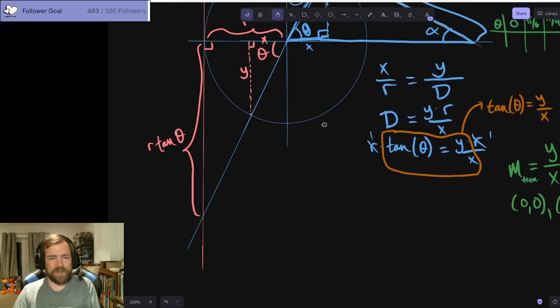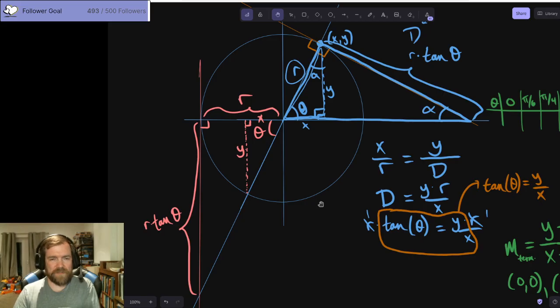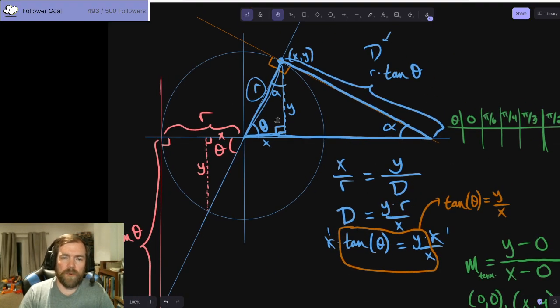It's kind of hard to specifically describe if we're using just that, but it has to do with which side you're on and a couple of other factors. The main point is, it's the slope of the terminal side.